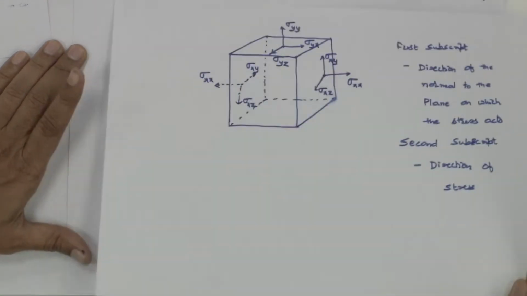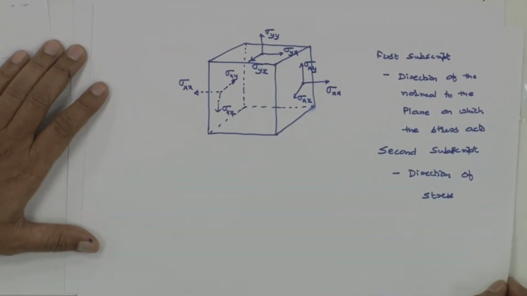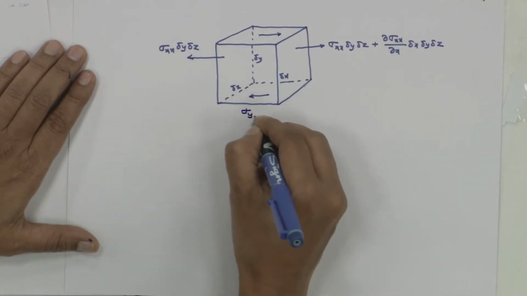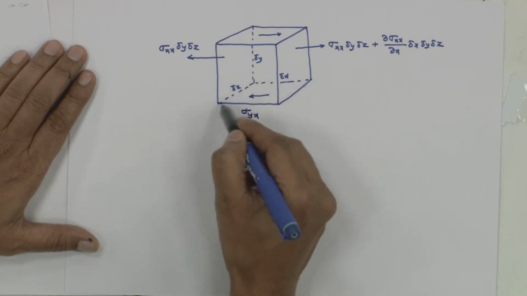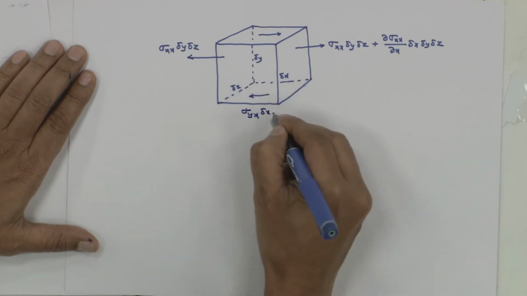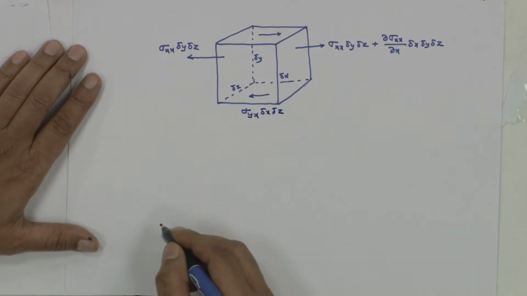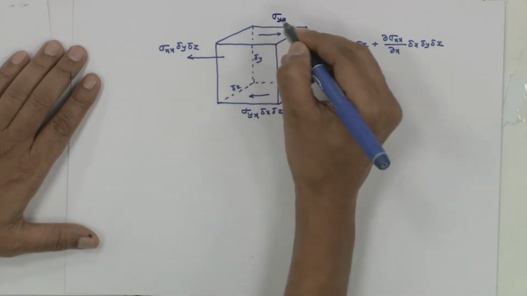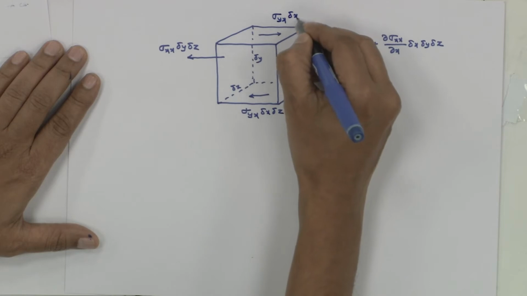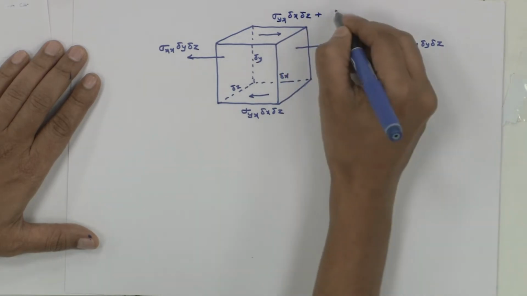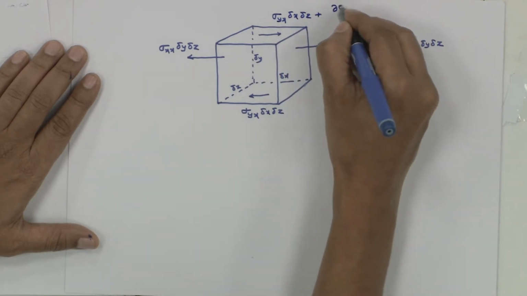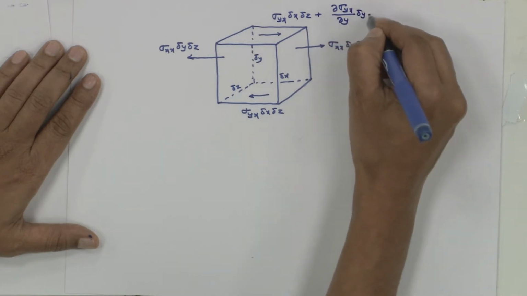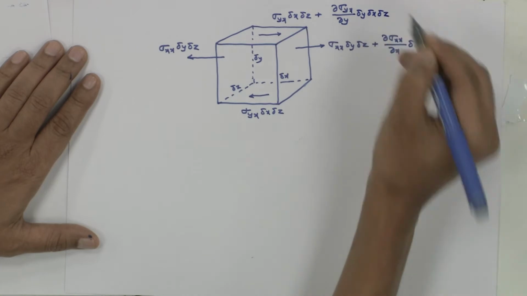This is same as what I had written here. So you have sigma yx over the area delta x delta z, and here this is sigma yx delta x delta z plus del sigma yx upon del y delta y delta x delta z.